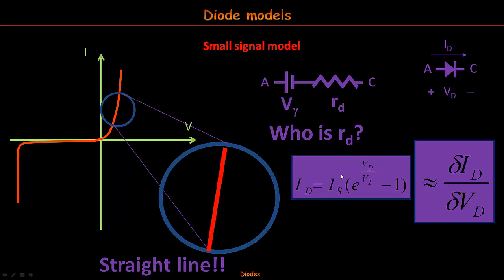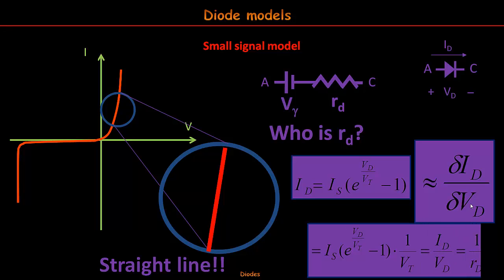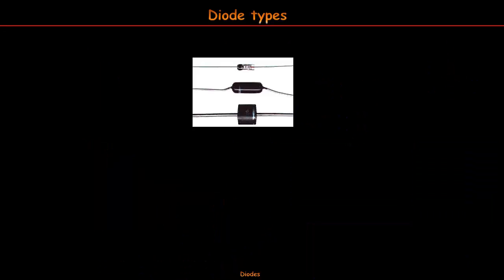Then the behavior is exactly the same as the one of a resistor, as you can see. The current over the voltage is the inverse of that resistor. This is the dynamical resistance of the diode. Please notice that its value is a matter only of the values of voltage and current at the bias point. That is to say, DC values that are configuring the equivalent resistor of the diode at AC condition.